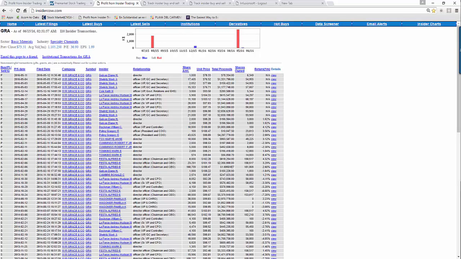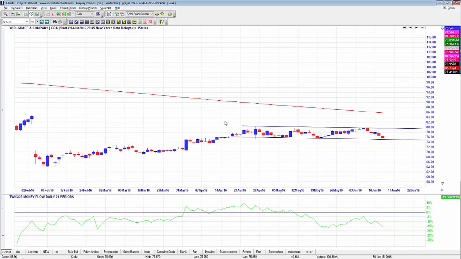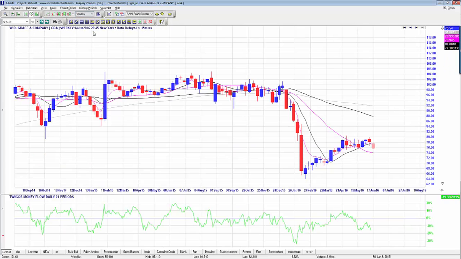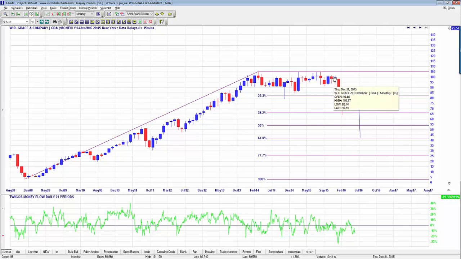Let's go back to the chart. This could be a nice breakdown if we get below this area. So I'd be looking for a break of 73.73, and let's have a look at the weekly chart. Actually, if we go to a monthly chart, it's even better. You can see that's a potential bearish flag.